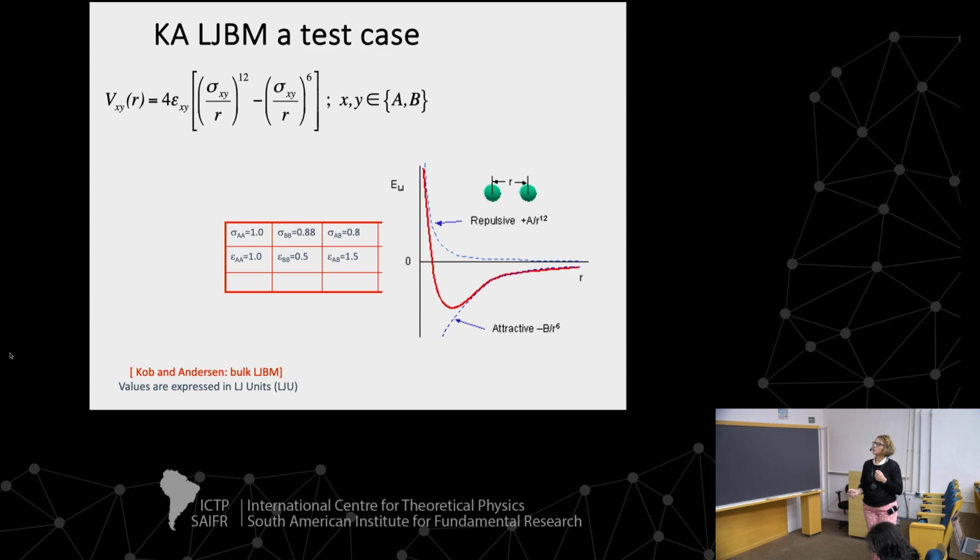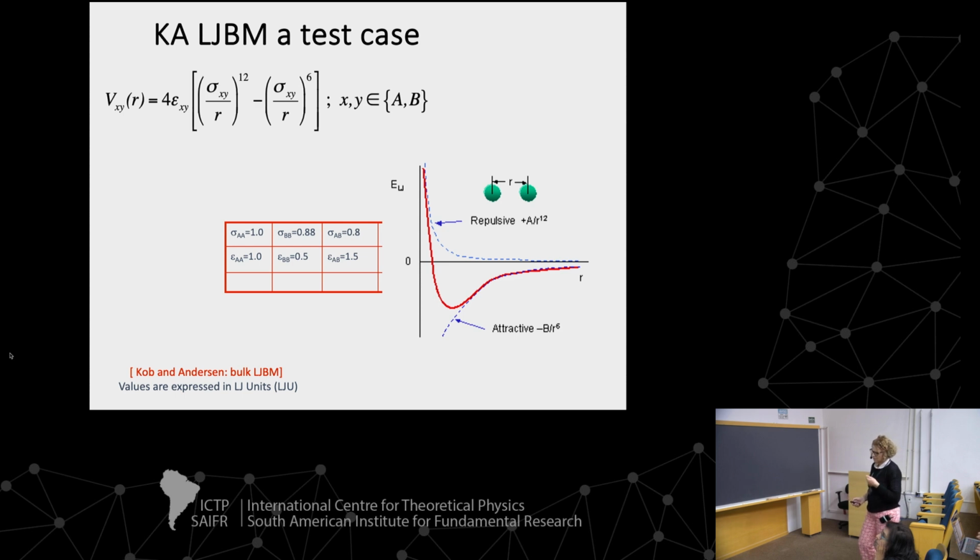Not only that, sigma AB is even smaller than sigma BB, so the closest distance that BB can get is larger than the closest distance that A and B can get. And the equilibrium position, when you are sitting on A, for example, and interact with B, is more stable when they are mixed than when they are interacting with themselves.